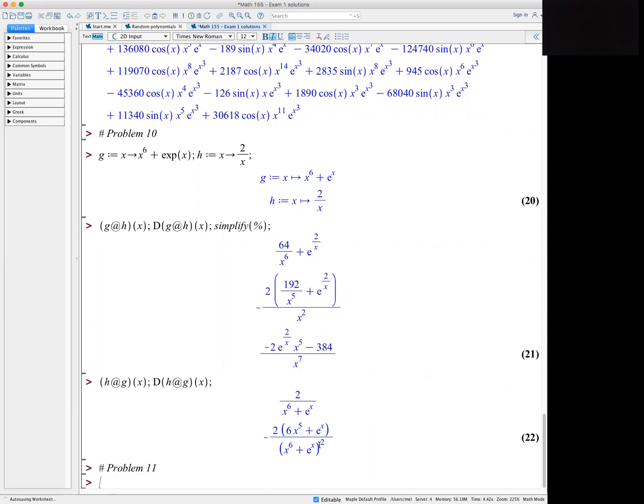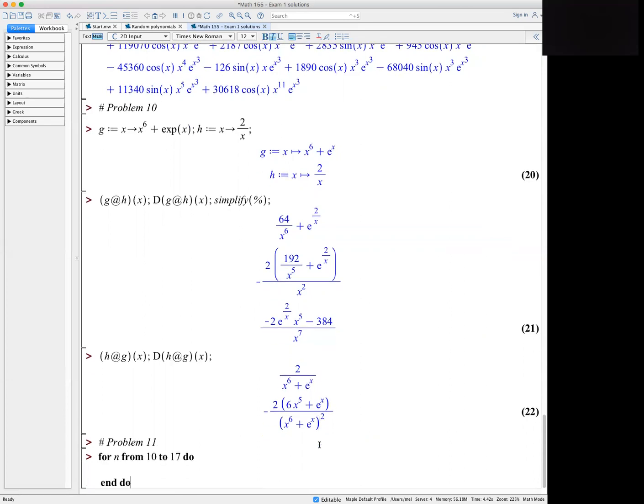Problem 11 is to factor certain polynomials, for n from 10 to 17 do, end do. And what we want to do is factor the polynomial x to the power 2 times n minus y to the power n.